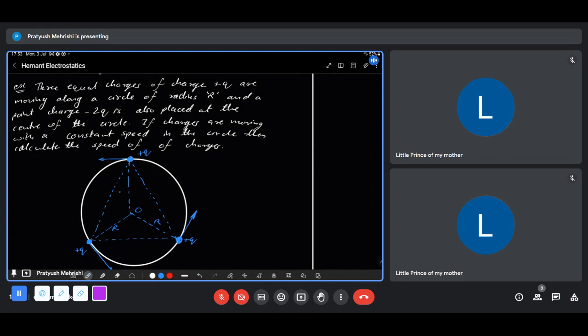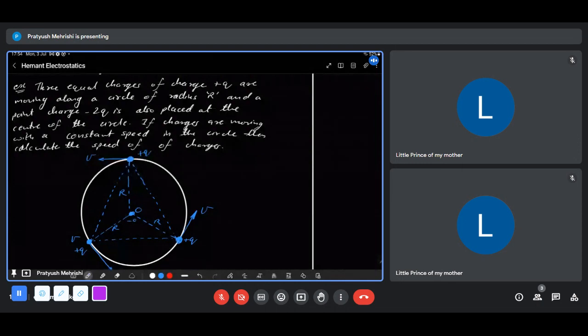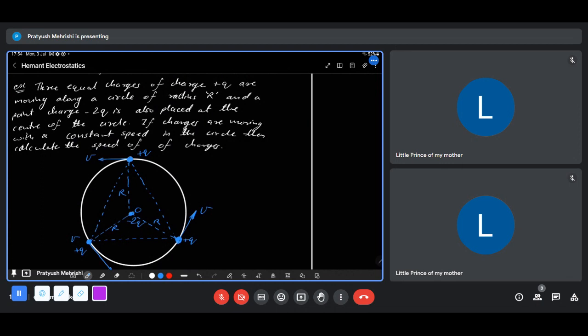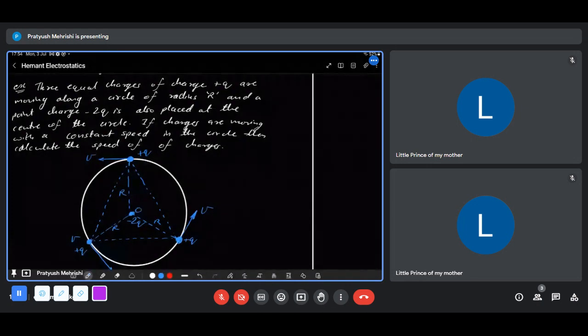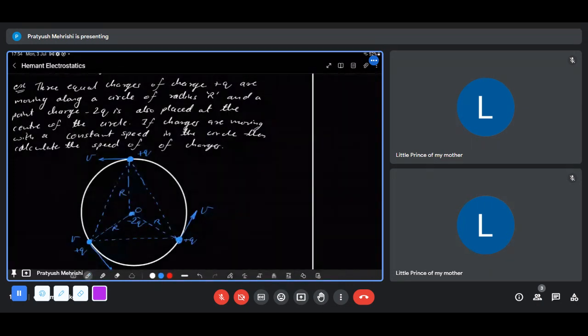This is the radius r, and it is moving with a velocity v. At this center, another charge minus 2q is present. Solve it now. Try solving it. Hello, am I audible? Fine, fine. Solve it now.